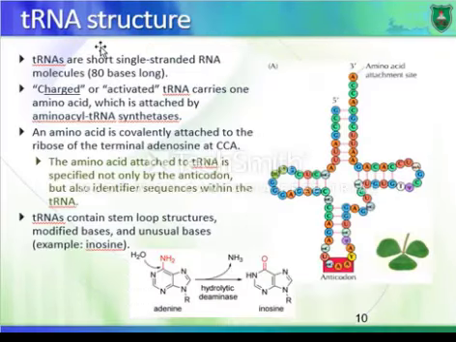Now let us talk about the tRNA structure. So what is tRNA? tRNAs are short, single-stranded RNA molecules with a size of around 80 bases.